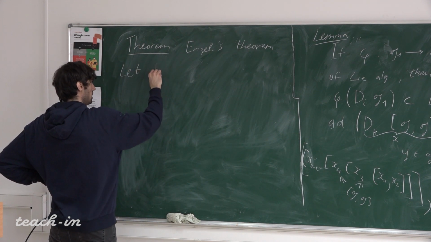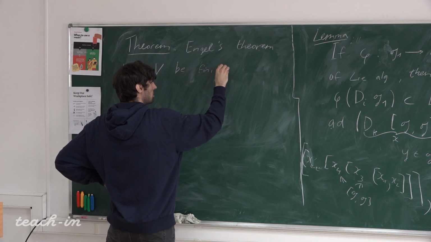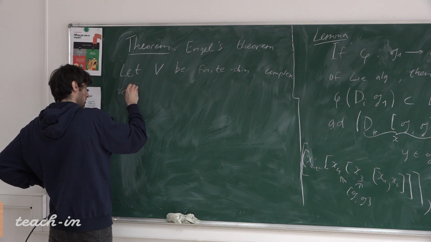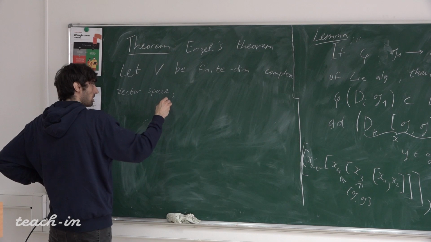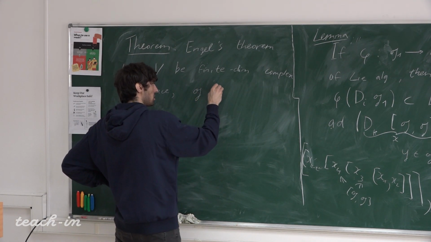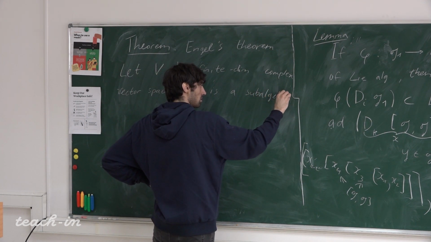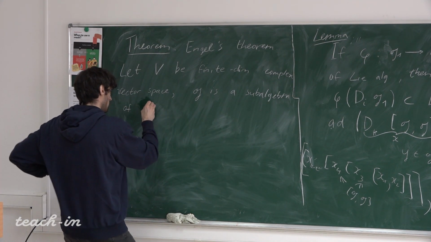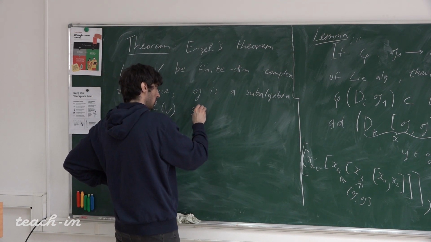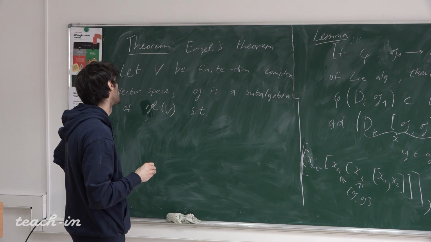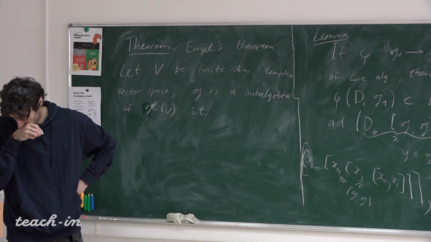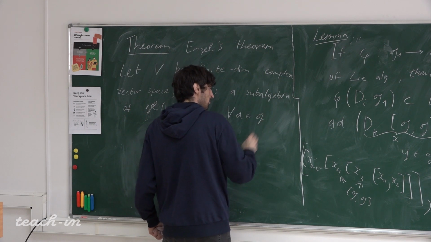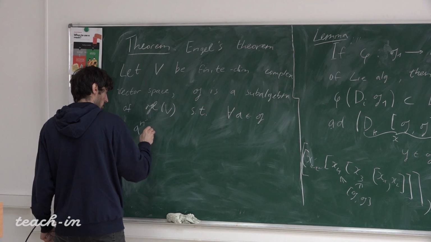So let V be a finite dimensional complex vector space and G is a subalgebra of GL(V), sorry, such that for every A from G, A to the power n is 0.